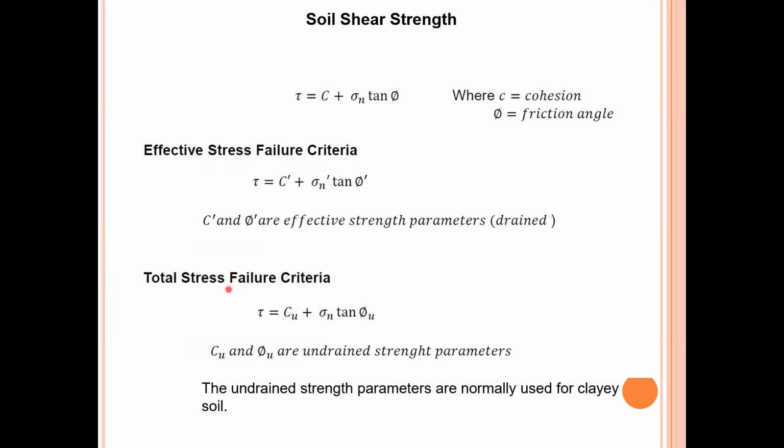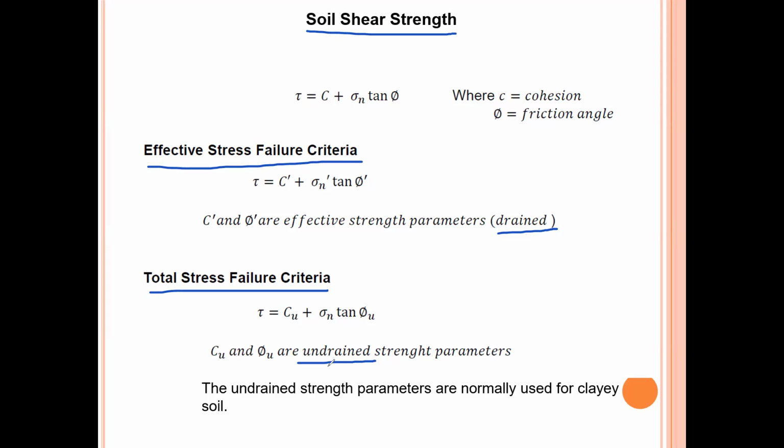Soil shear strength. I think we have discussed shear strength, but I want to discuss effective stress failure criteria and total stress failure. Effective stress failure criteria is applicable in drained conditions. It means the water can escape without creating additional or excess pore water pressure while inducing settlement. But what are undrained conditions?